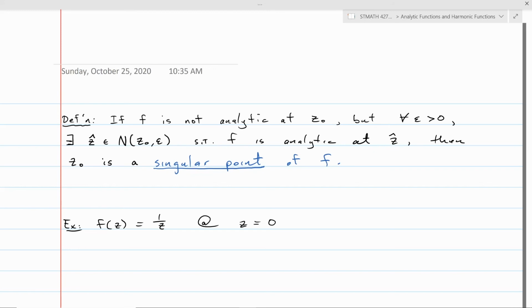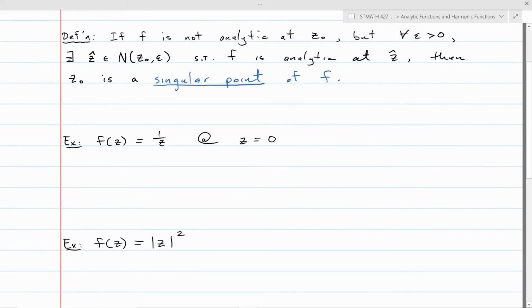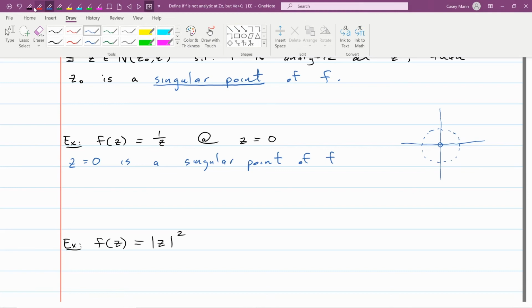But we do know there are a lot of differentiable points densely around that point, because for every epsilon greater than 0, we can always find a nearby point within epsilon of the original point where you have a whole blob of points where the function is differentiable. As a quick example, look at f of z equals 1 over z at z equals 0. We know z equals 0 is a singular point. I can draw a little picture here: the function is not differentiable at 0, but if you take any neighborhood around 0, you can always find a point in that neighborhood, let's say here.